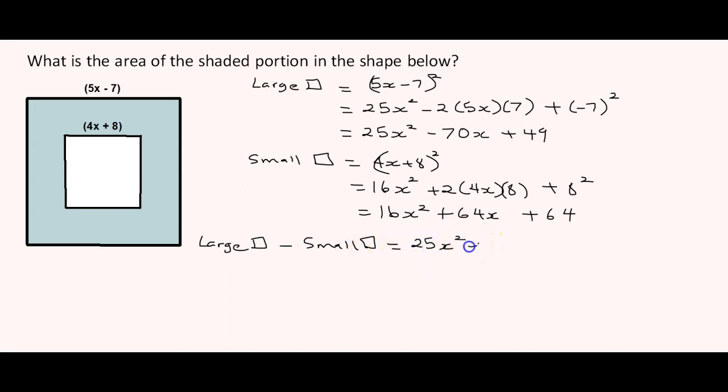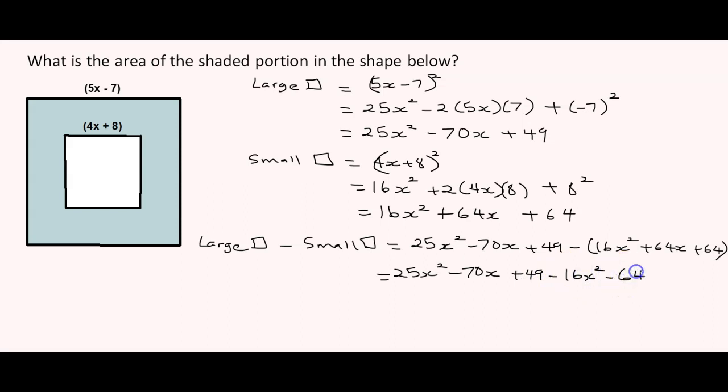25x squared minus 70x plus 49 minus 16x squared plus 64x plus 64. So this is going to give us 25x squared minus 70x plus 49 minus 16x squared minus 64x minus 64.